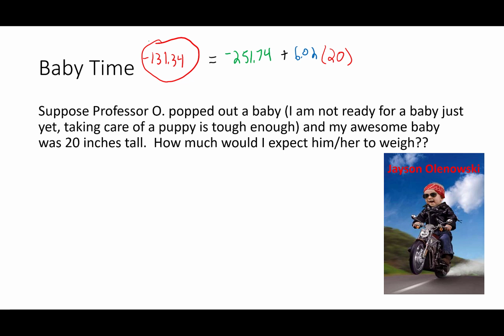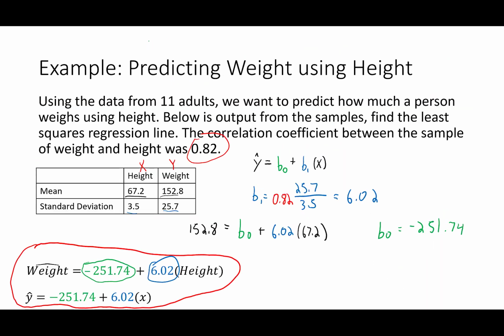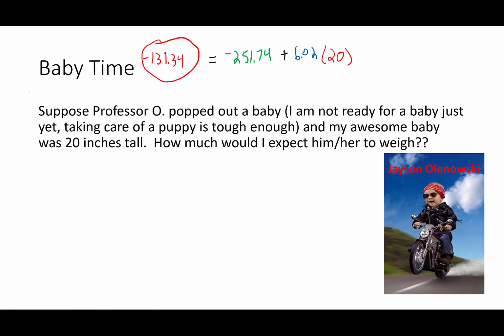Why is our model so off? Well, if we go back to our model, we were using data from 11 adults. No babies were used to come up with this model. Therefore, the model is not going to do a good job of estimating babies, since no babies were in our sample.